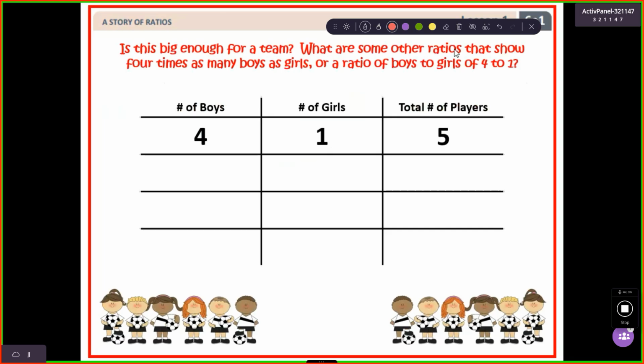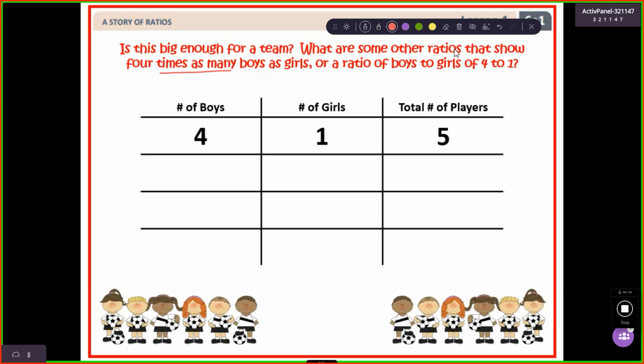The co-ed soccer team has 4 times as many boys on it as it has girls. The ratio of the number of boys to the number of girls on this team is 4 to 1, because we remember just a second ago when I told you, 4 times as many. Boys is 4 because it said 4 first, correct? Times as many means that my other category, girls, would be 1, and my total amount is 5. Do we understand that? Yes, ma'am.